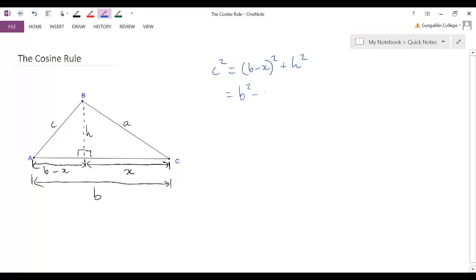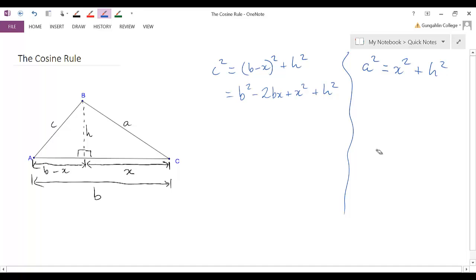I get B squared minus 2bx plus X squared plus H squared. Now, I'm also going to think about this right-hand triangle. It's a little simpler, doesn't have this B minus X thing going on. Here we have that A squared equals X squared plus H squared.